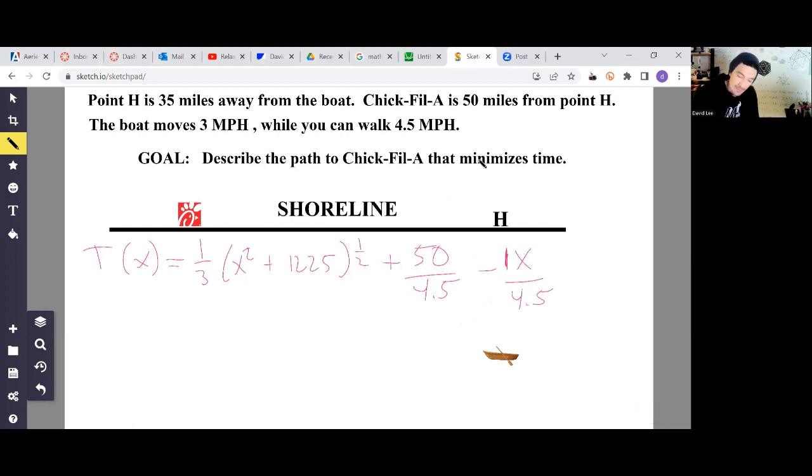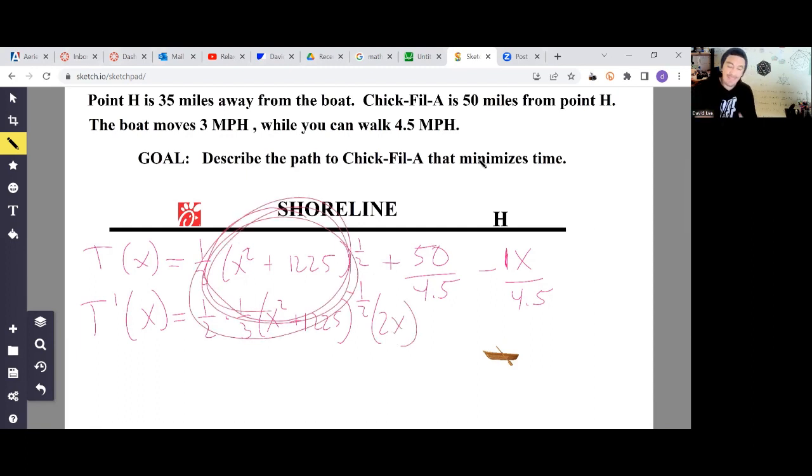Now let's find the derivative. So T prime would be 1/2 times 1/3. Keep this the same. Take away 1 from 1/2 to get negative 1/2. And we multiply by 2x because that's the derivative of the content inside of the parentheses.